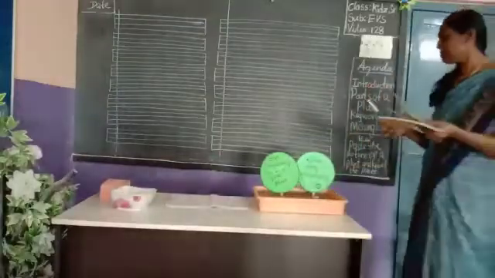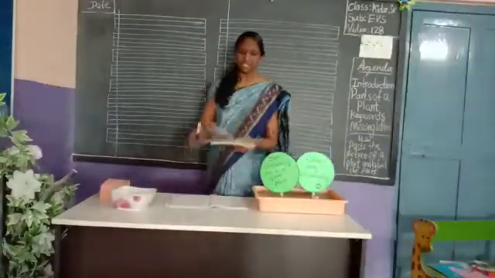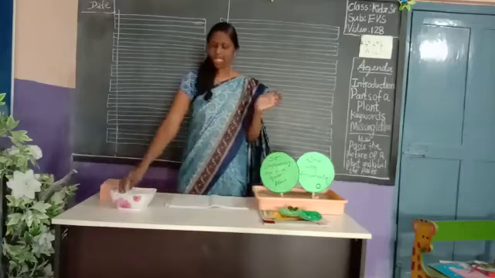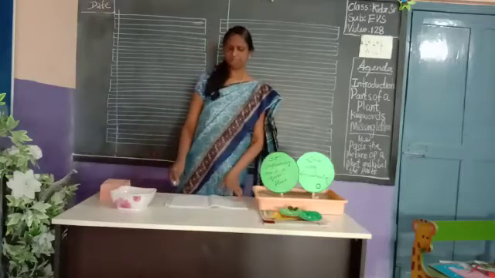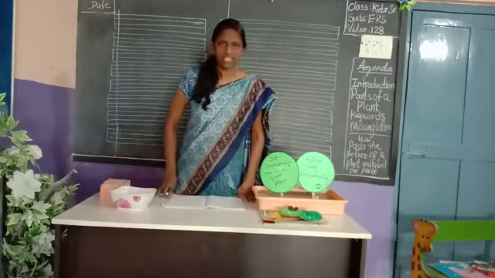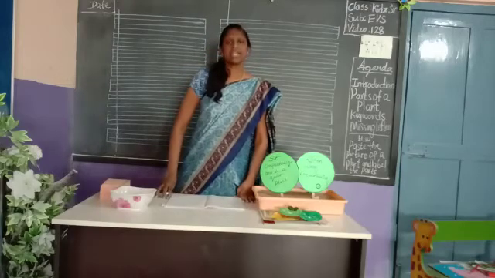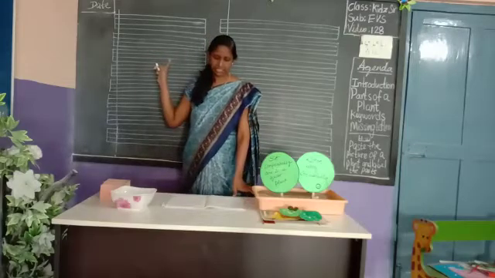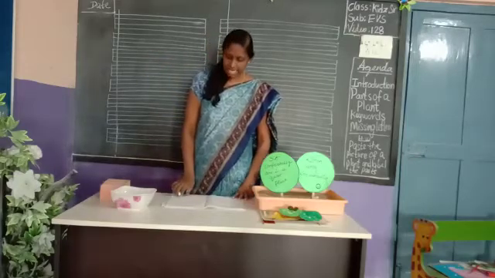Now, everybody, I hope you understood the parts of a plant, children. Now, we are going to write the parts of a plant keywords. Open your classwork books. Write today's date. Shall we start?